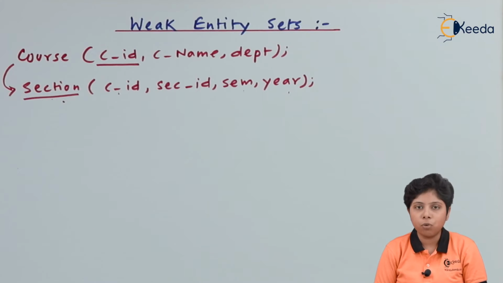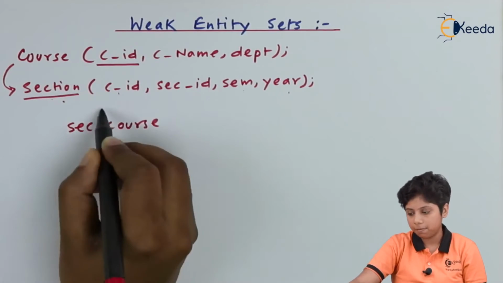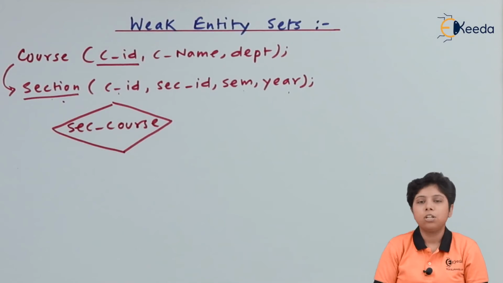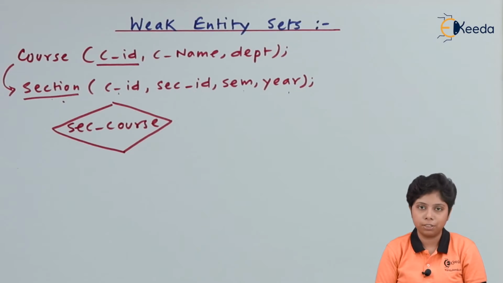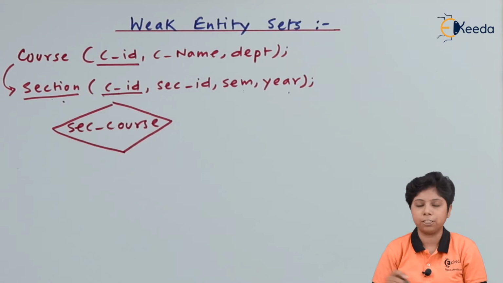So what we can do, we need to establish a relationship between these two relations, say the sec course relation. So the sec course relation relates the section and course tables or relations. Now, what happens if we can refer the course ID from the course to the section?